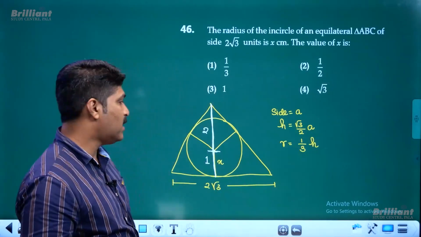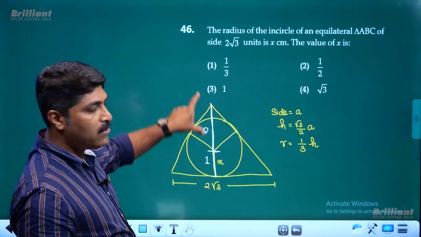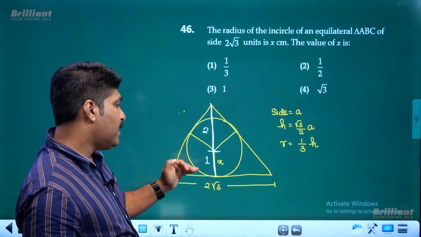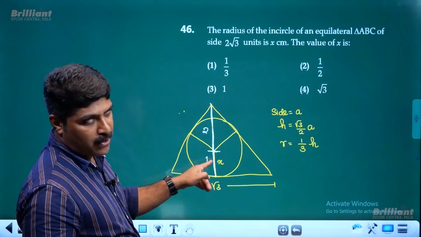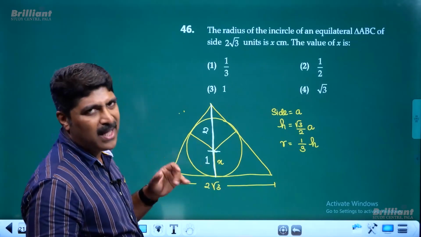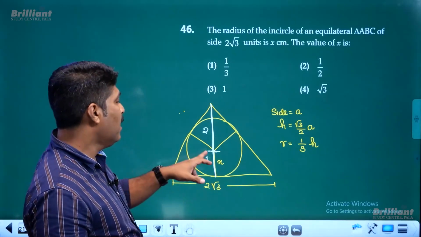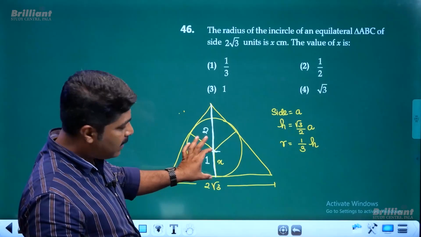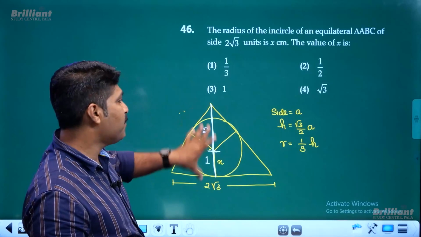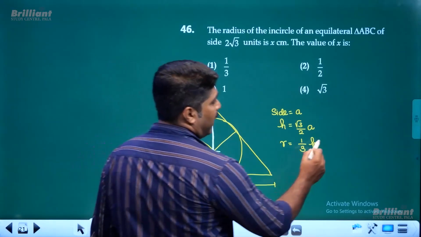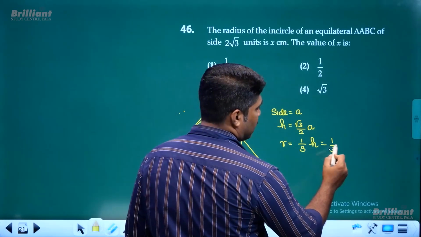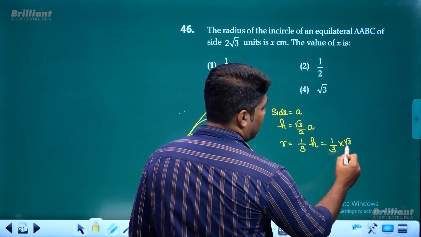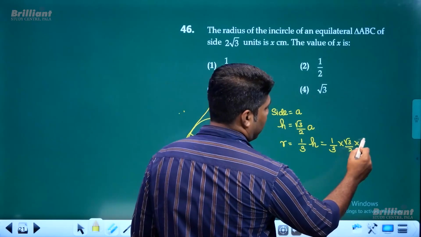Why is it 1 by 3? This height or altitude is separated by the centroid, or the incenter, all are the same in an equilateral triangle, in the ratio 1:2. So that means this length, the radius of this circle, is 1 by 3 of this total height. So the inradius is 1 by 3 of root 3 by 2 a.